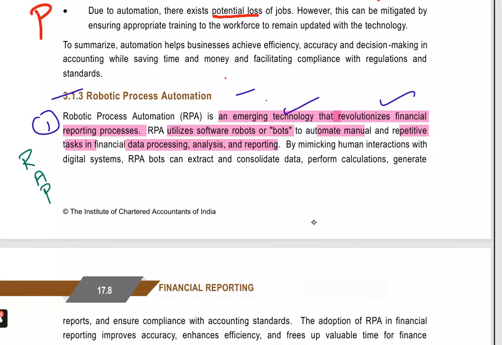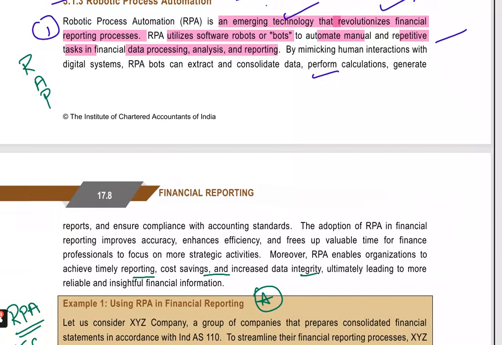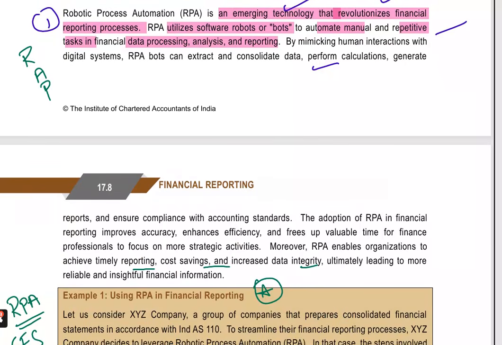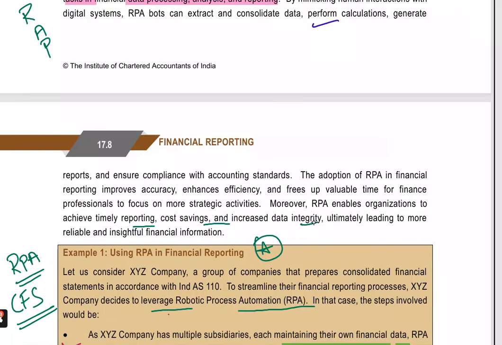Then the second point is that RPA is going to use bots and robots to automate the repetitive tasks. So this is your second point. Keeping this as a base, you can write the other points. Bots are going to extract the data, consolidate the data, generate reports and compliance, plus other points like accuracy and efficiency.